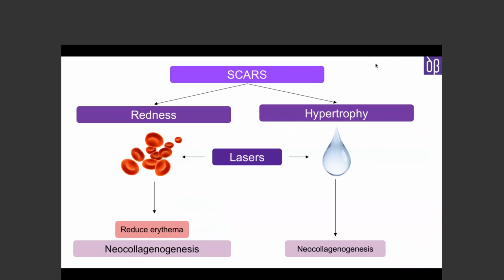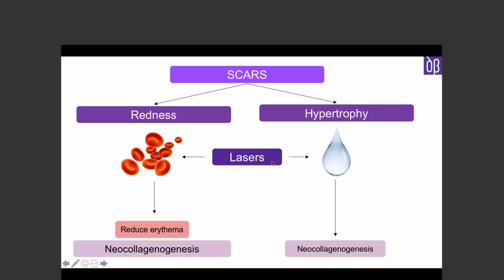To treat redness, we can use lasers aiming to reduce the erythema and to regulate neocollagenesis. And we can also use lasers that target water, so we can regulate neocollagenesis and try to reduce the probability of having a hypertrophic or a keloid scar.